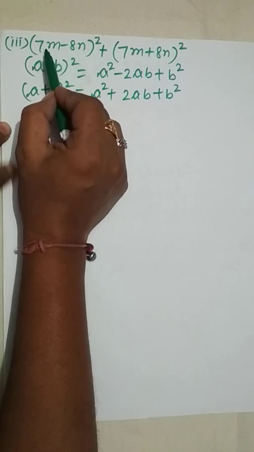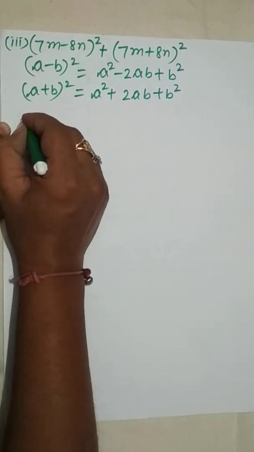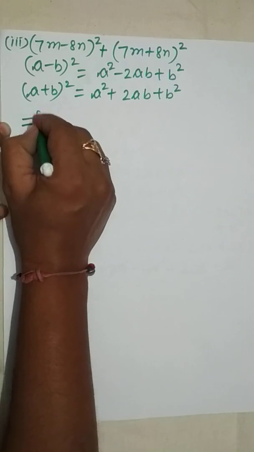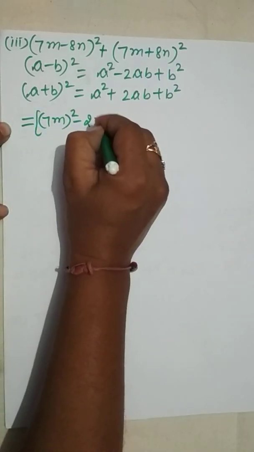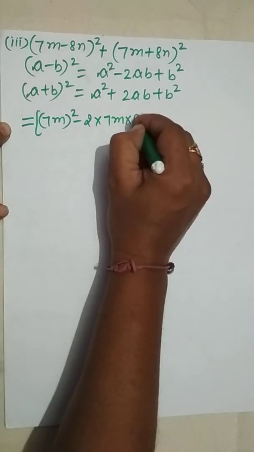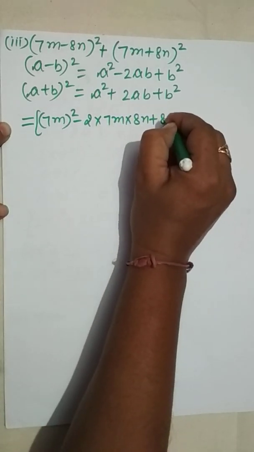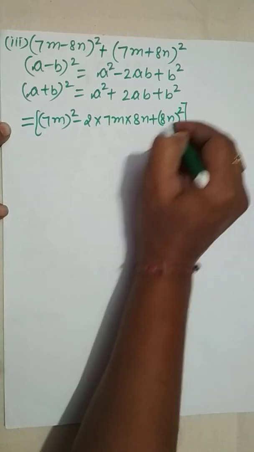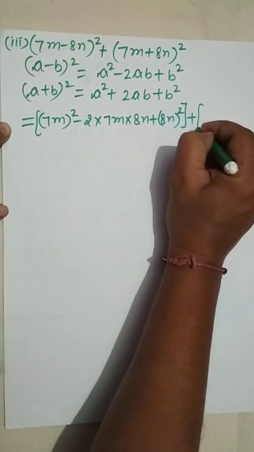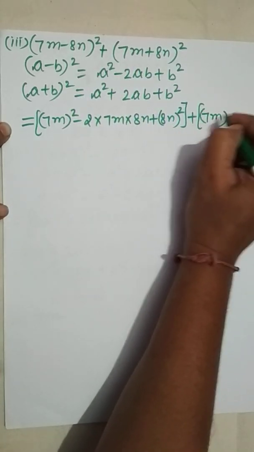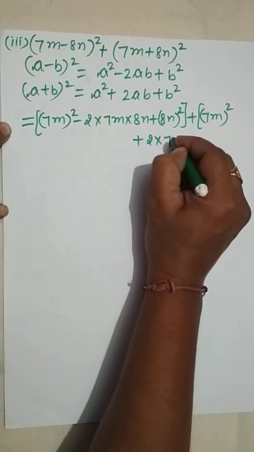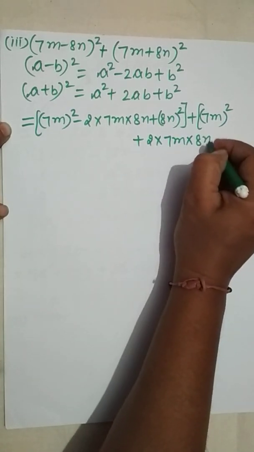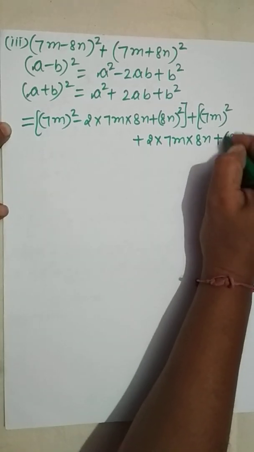A is 7m and b is 8n. Now substitute the values. This is (7m)² − 2 multiply 7m multiply 8n + (8n)² plus (7m)² plus 2 multiply 7m multiply 8n plus (8n) whole square.